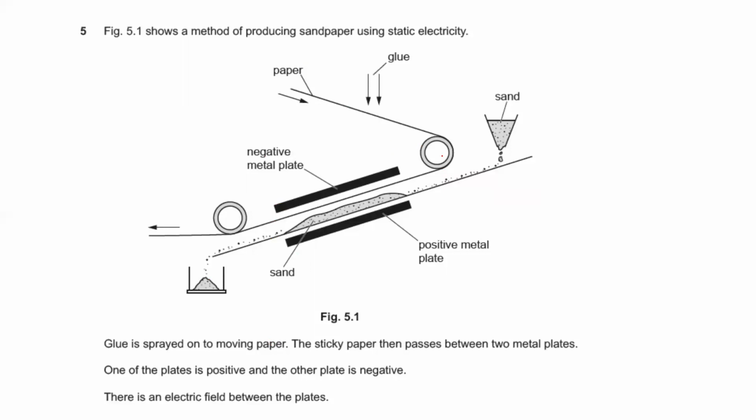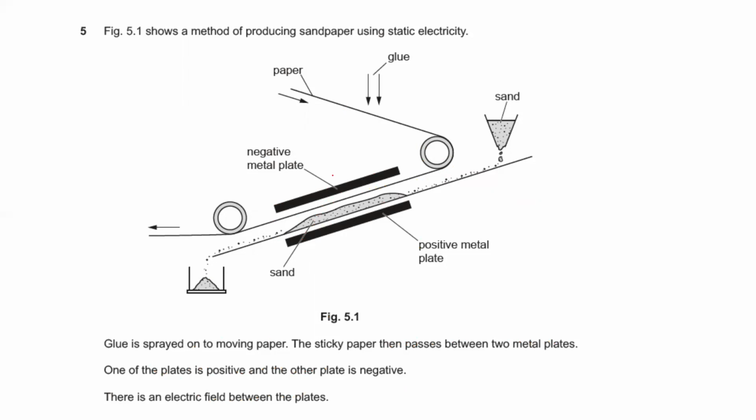One of the plates is positive and the other plate is negative. There is an electric field between the plates, going from the positive to the negative plate.